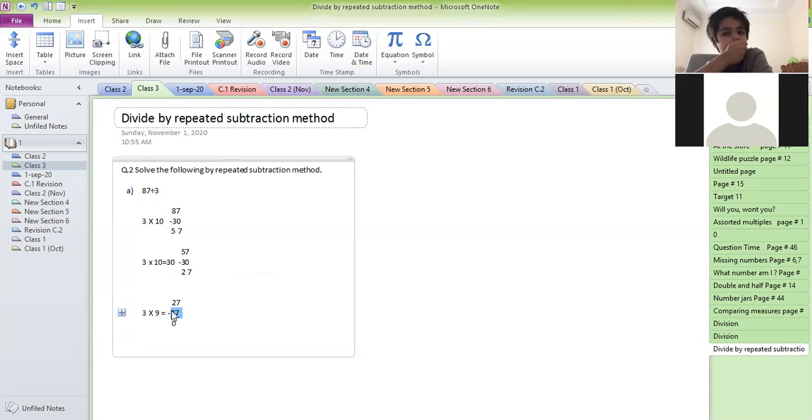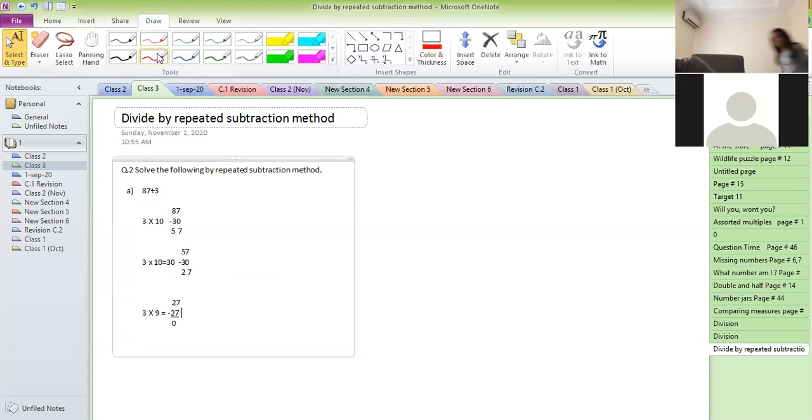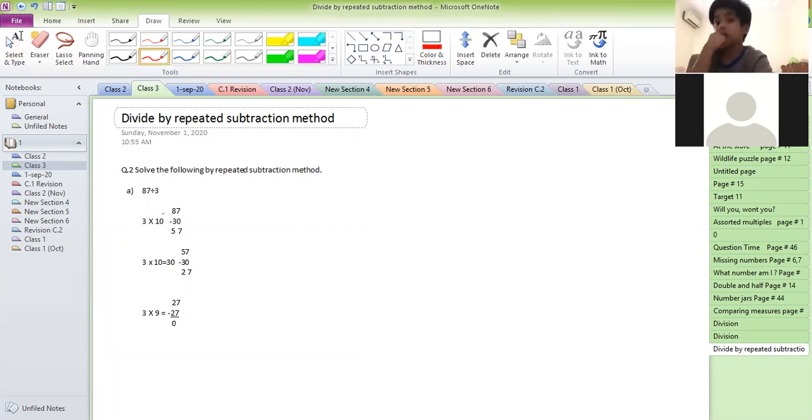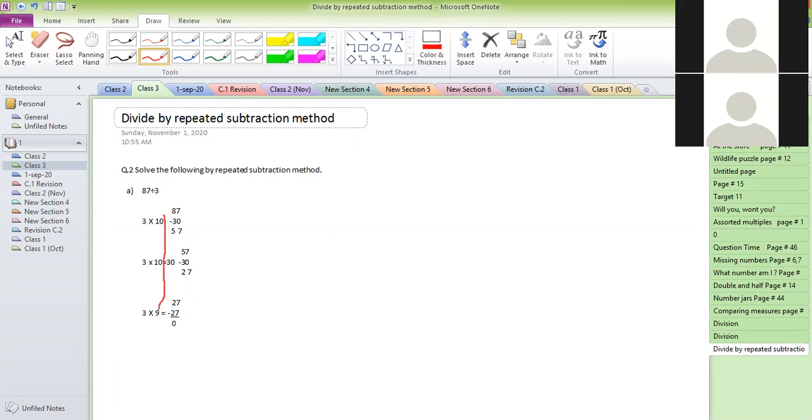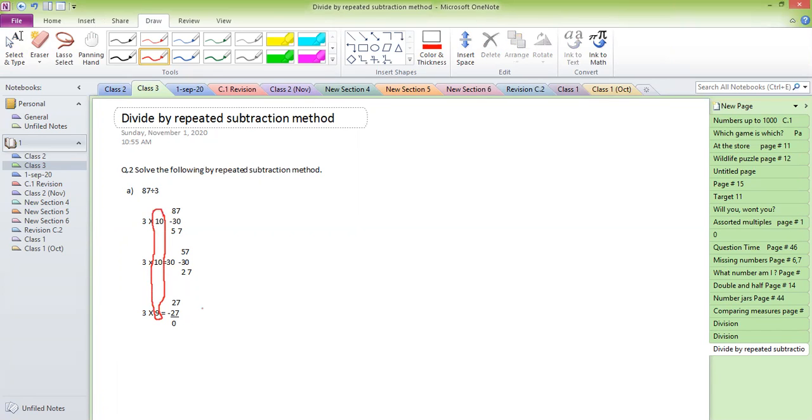Now how to find the answer? Look here. To find the answer, add this 10, this 10 and this 9.